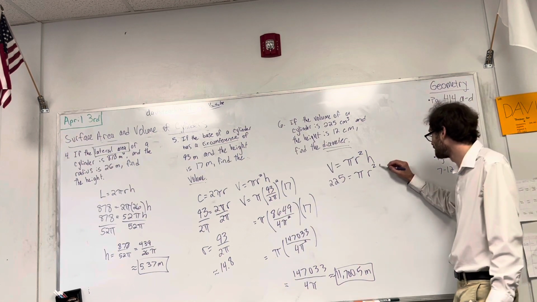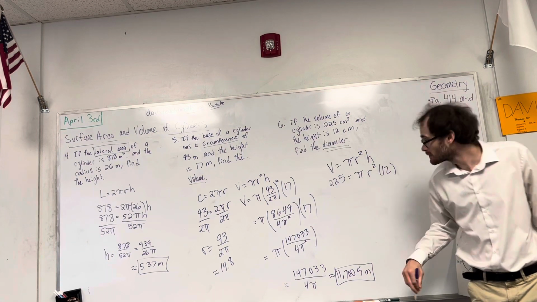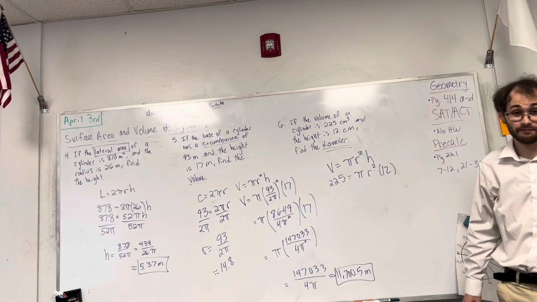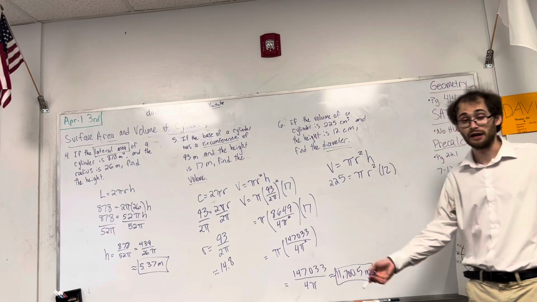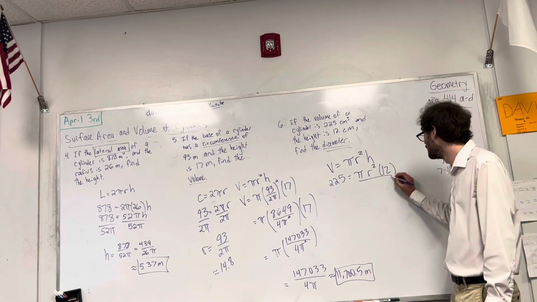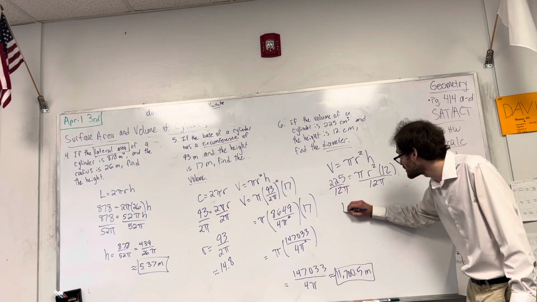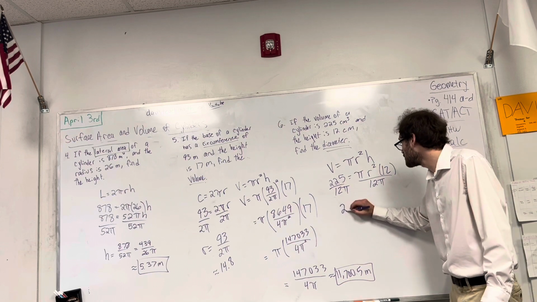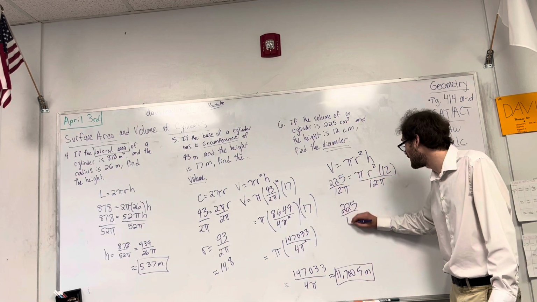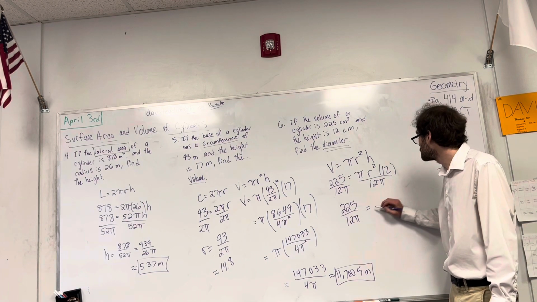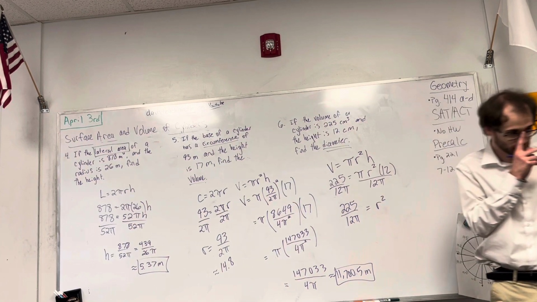And the height is 12. Pi times 12 is just 12 pi. So I'm going to divide both sides by 12 pi to get rid of that. Okay, so I got 225 over 12 pi, and that's going to be equal to the radius squared.